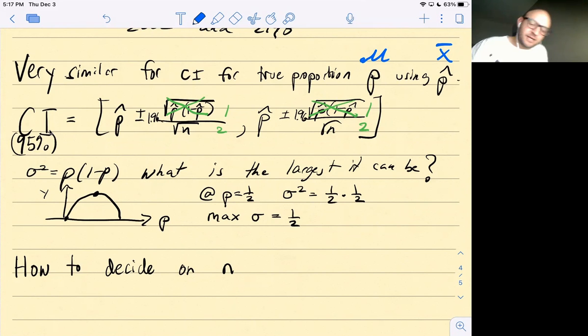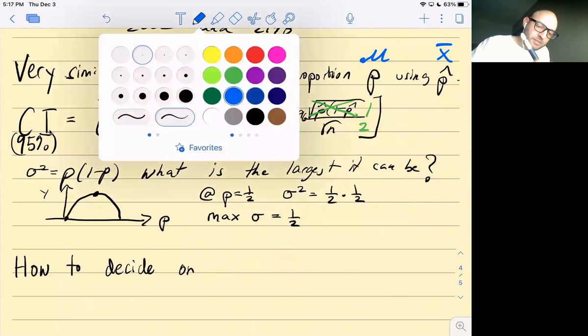Okay, so how to decide on the appropriate n? And it's just simple algebra.